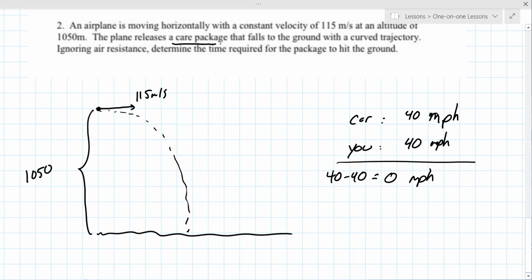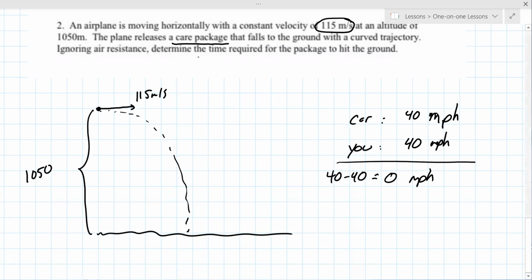Well, this care package inside the plane is always traveling at 115 meters per second. So when it's let go, it's moving at 115 meters per second. That's the assumption you have to make to do this problem, and it's reasonable. It's the fact that this package is moving at 115 meters per second.